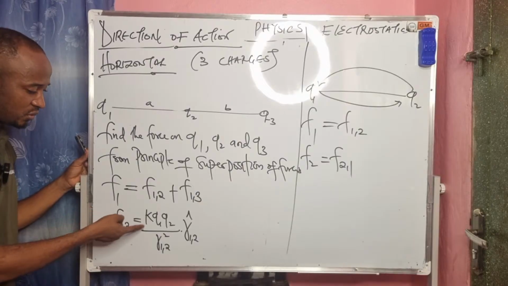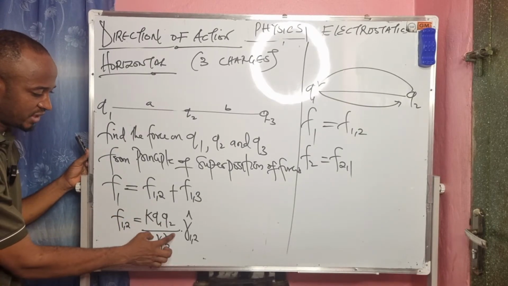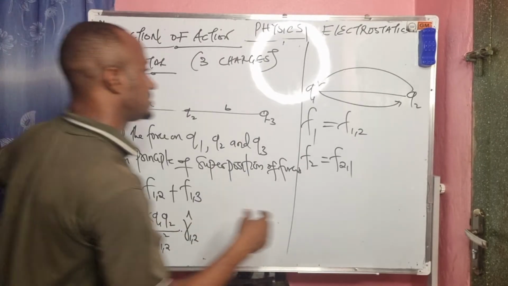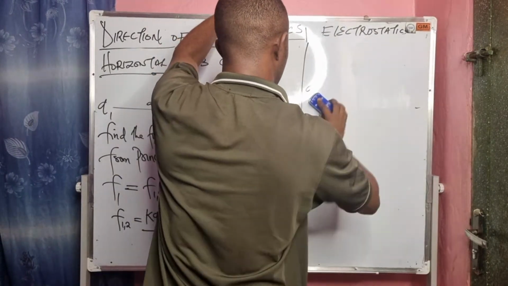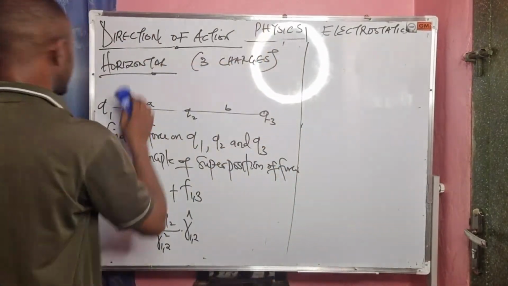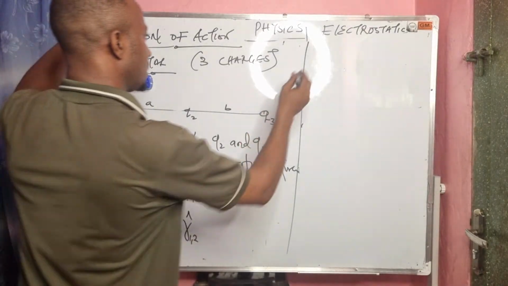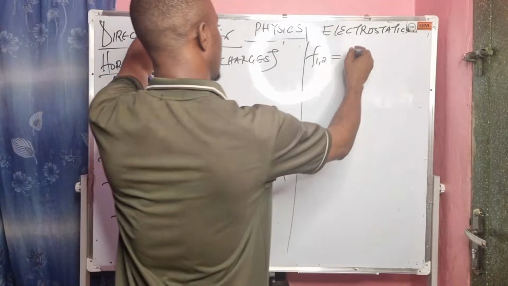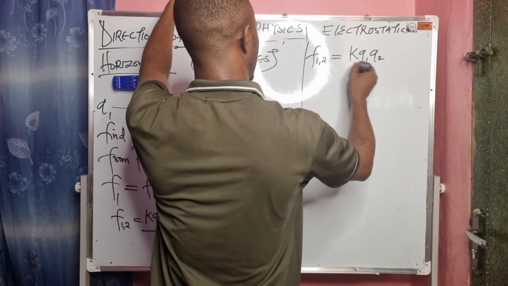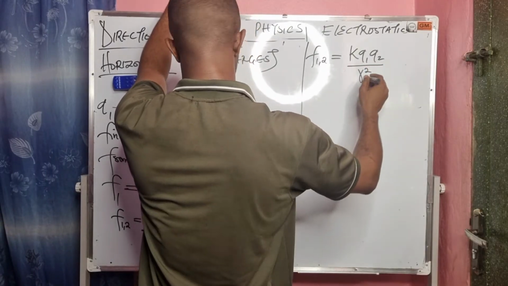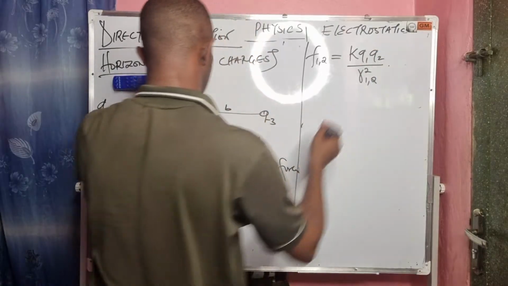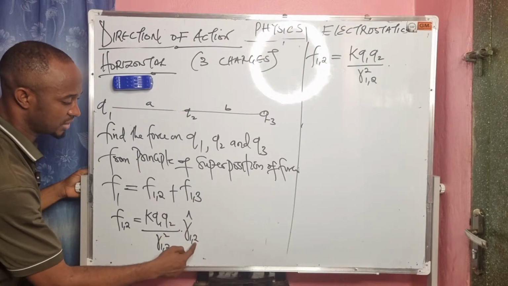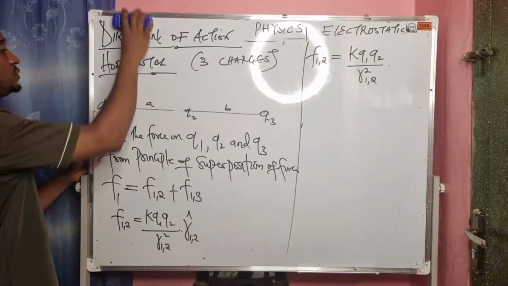So F12 equals KQ1 Q2 divided by R squared 1,2 times the unit vector of 1,2. Now let's define our direction from 2 to 1.